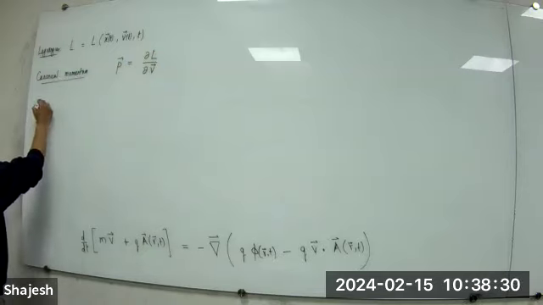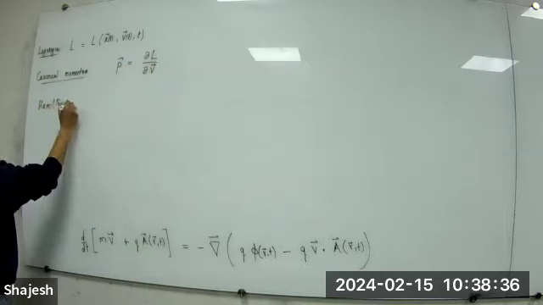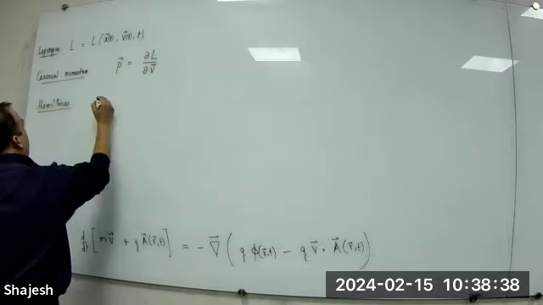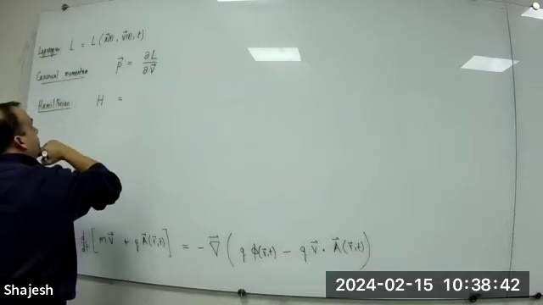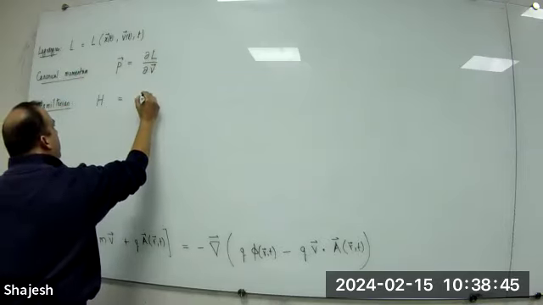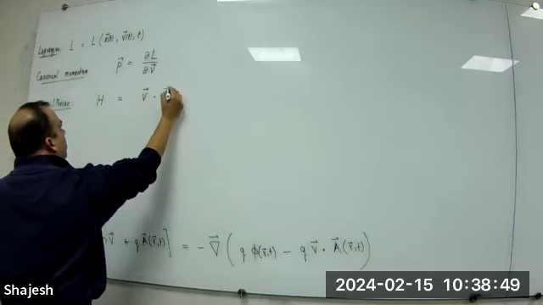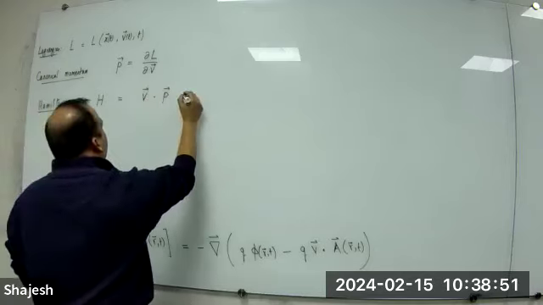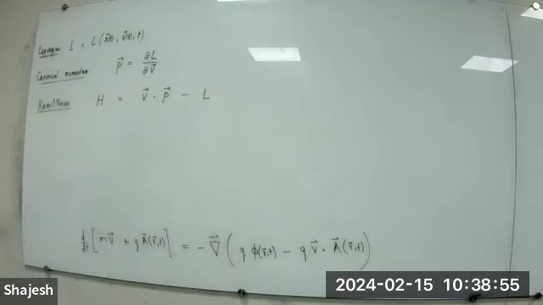Now we define the Hamiltonian in the following way. H is equal to V dotted with P, or P dotted with V, either way, minus the Lagrangian. That's going to be our definition.